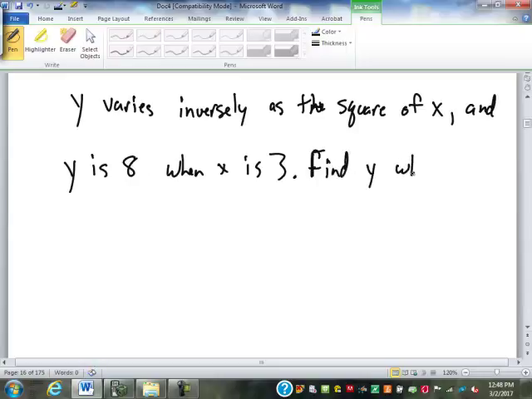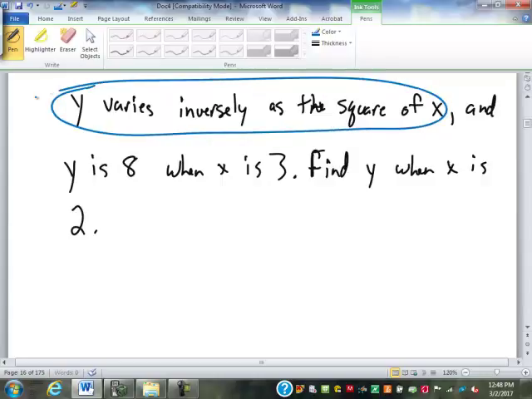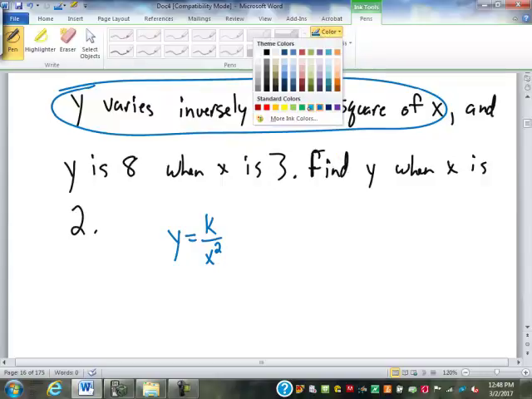Find y when x is, what do I want to put in here? 2. Tell me where to start. Perfect. Not square root. Y equals k over, it's not square root, it's just square of x. So x squared. Then what?